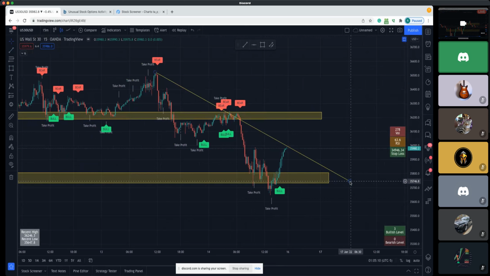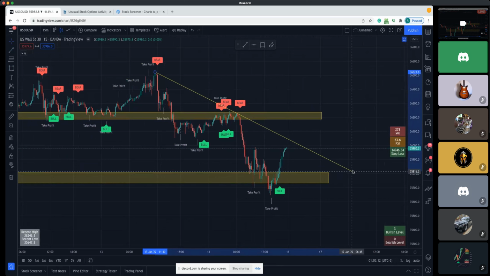What would be really funny is if we see the rejection right in the middle, right here. Yeah, okay. You got a point. This time right here, and get more touches here.